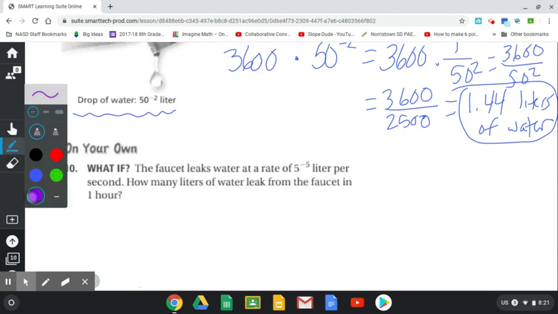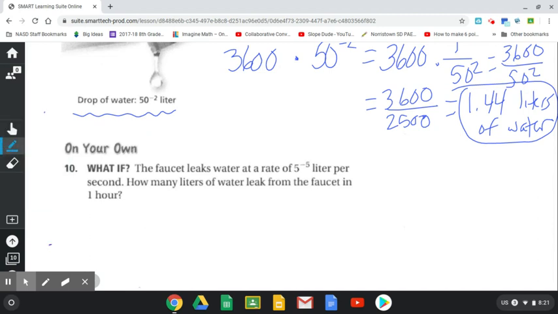Okay, so if they change that number, we still know that there's 3,600 drops in an hour, but now we're multiplying it by 5 to the negative fifth. So we're doing the same thing here, except the number is changing a little bit. Okay.